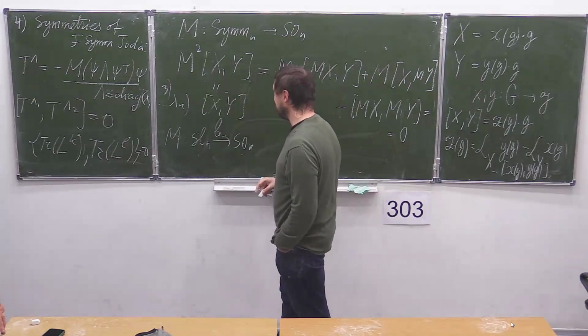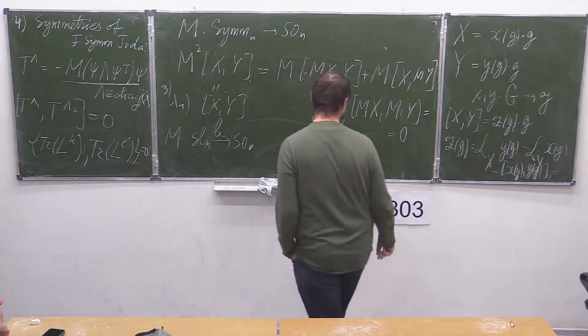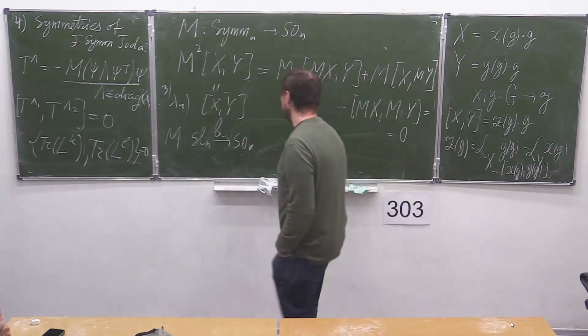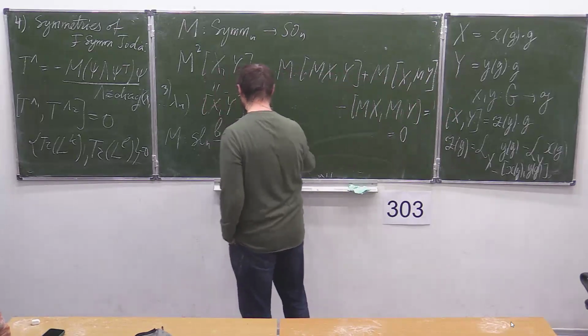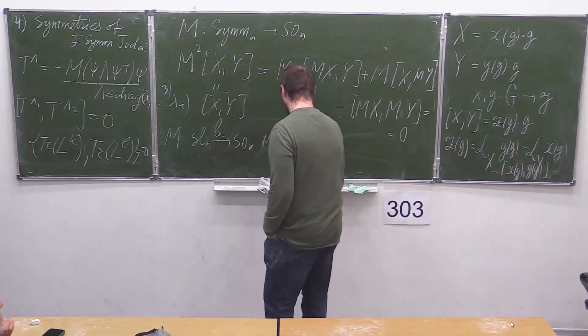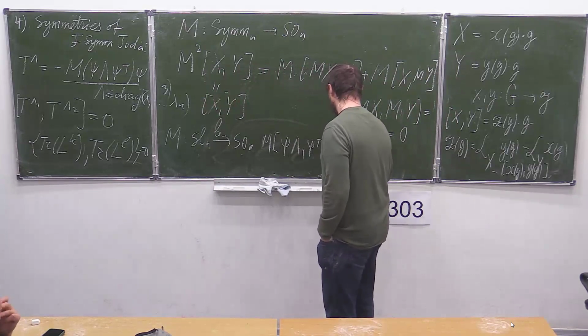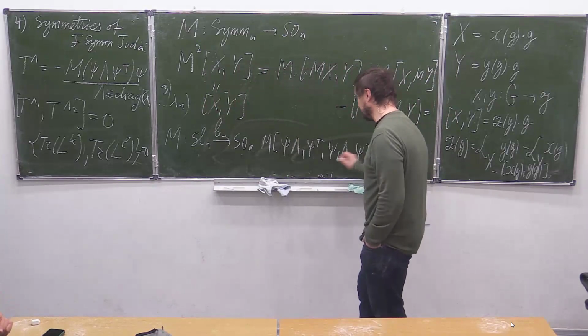And what you have here will be equal to m of the following combination: psi lambda 1 psi transposed, psi lambda 2 psi transposed, which of course is equal to 0 because lambda 1 commutes with lambda 2.